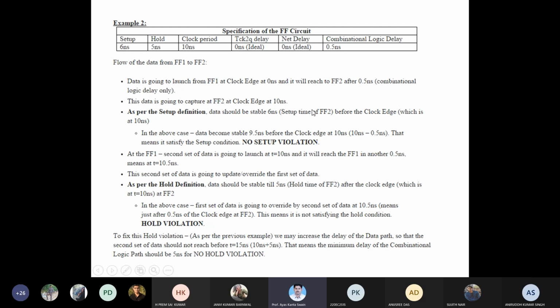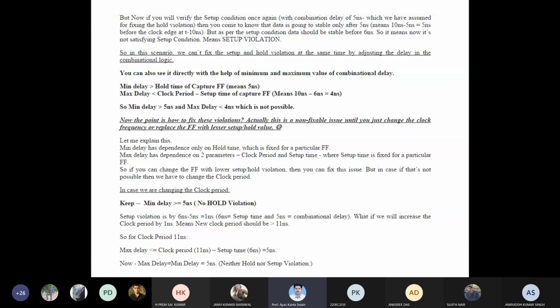So it is not possible for the data to reach before 4 nanosecond and also avoid the hold violation. If you avoid the hold violation, then setup violation is occurring. So this is a situation when you can't adjust both at a time by only varying the delay in the combinational logic.